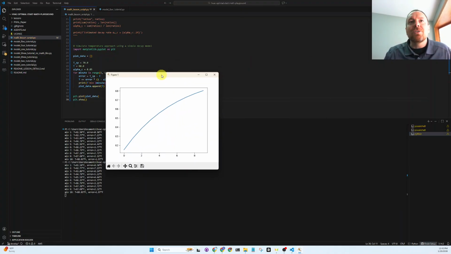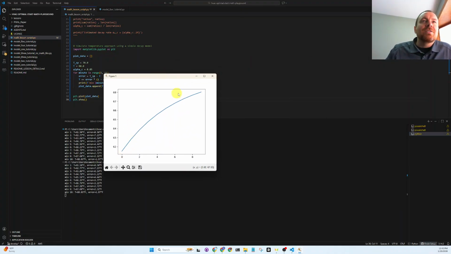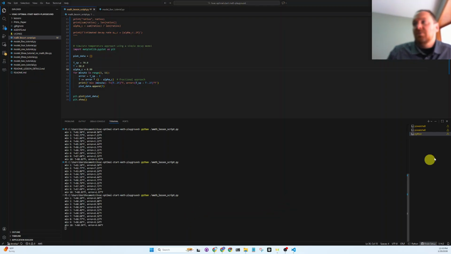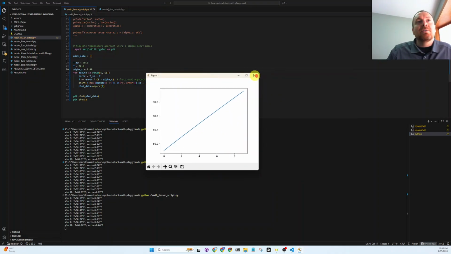Yeah, so it's just showing this curve. In the real world, with real data, it would probably be a little more of a Jurassic-looking curve. But it would be kind of interesting just to see what this looks like if we modify our smoothing rate. That made it very linear looking.